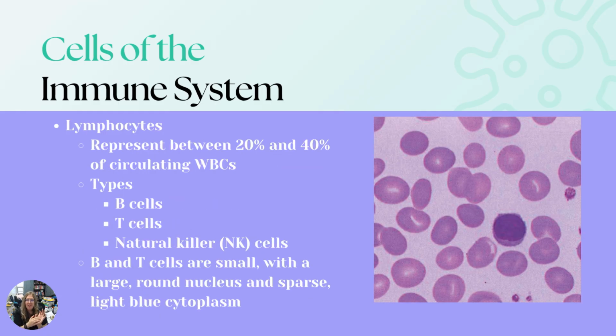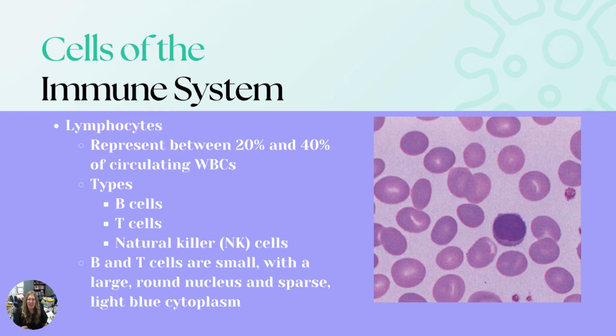So now we're going to move into our lymphocytes. There are three major populations shown here, and those are our B cells, T cells, and natural killer cells. Morphologically, the B cells and T cells can look very similar on a routine peripheral blood smear.